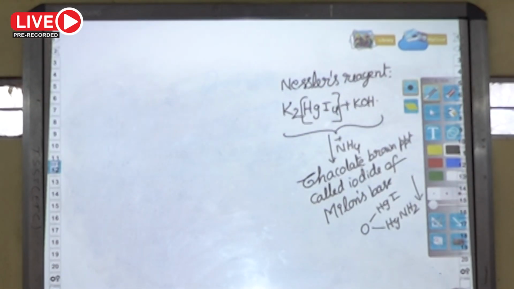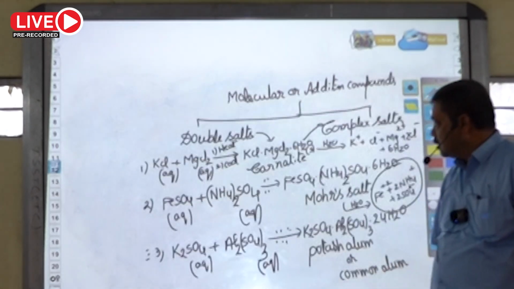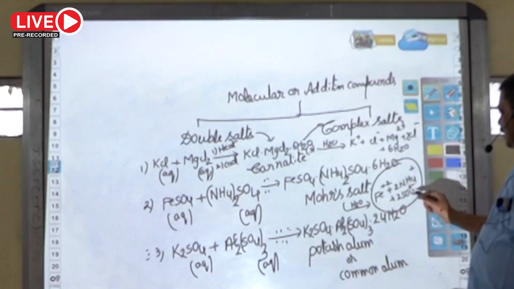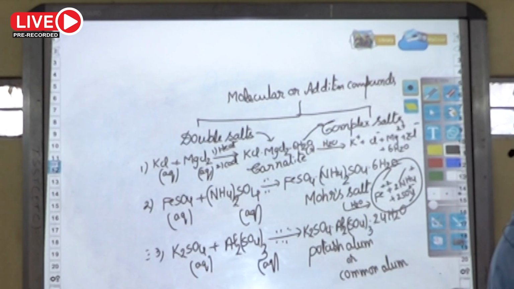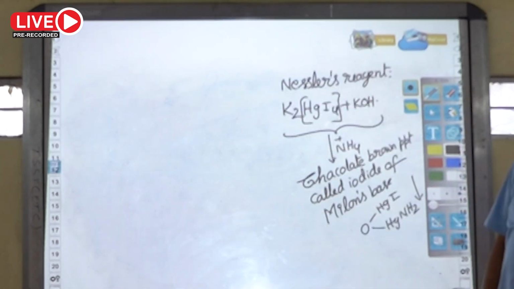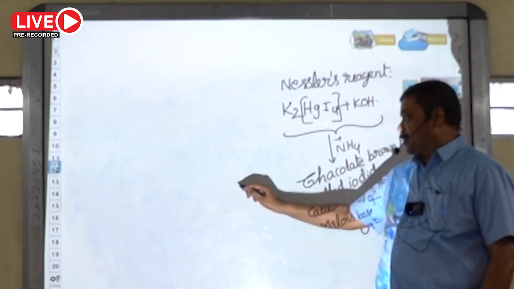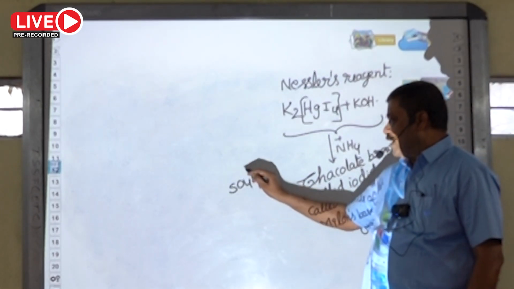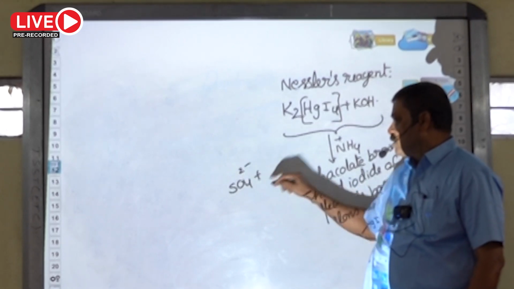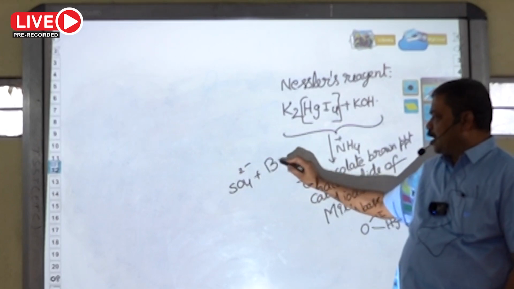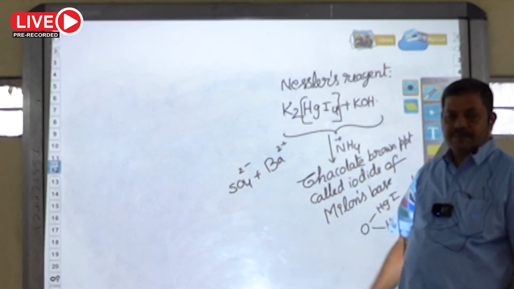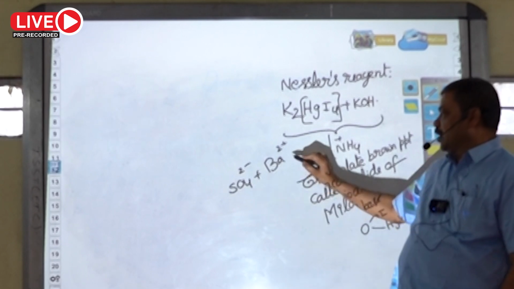Then you may ask me, if you go to the previous slide, ferrous ion and ammonium ion are over, how to identify the sulfate ion? Sulfate ions are best identified by any barium compound, like barium chloride.